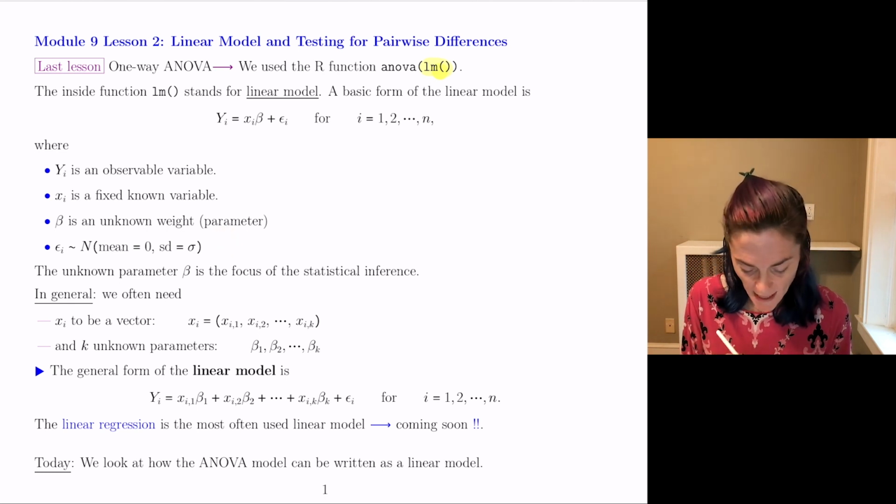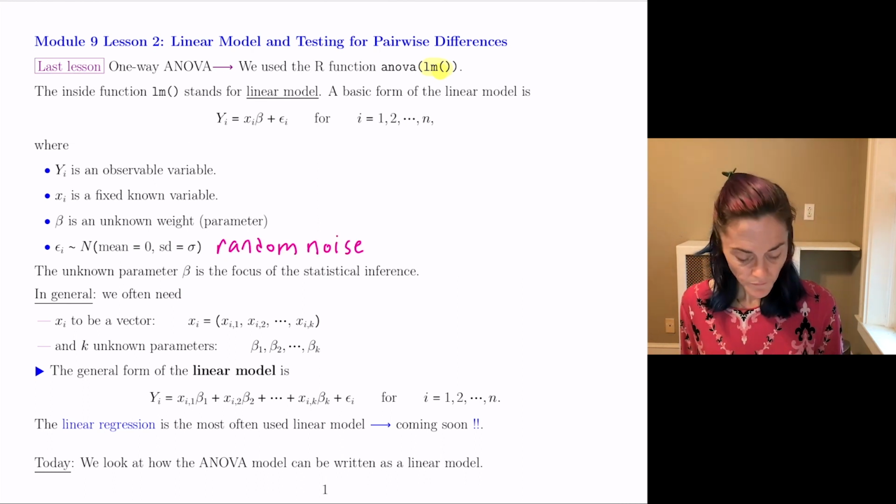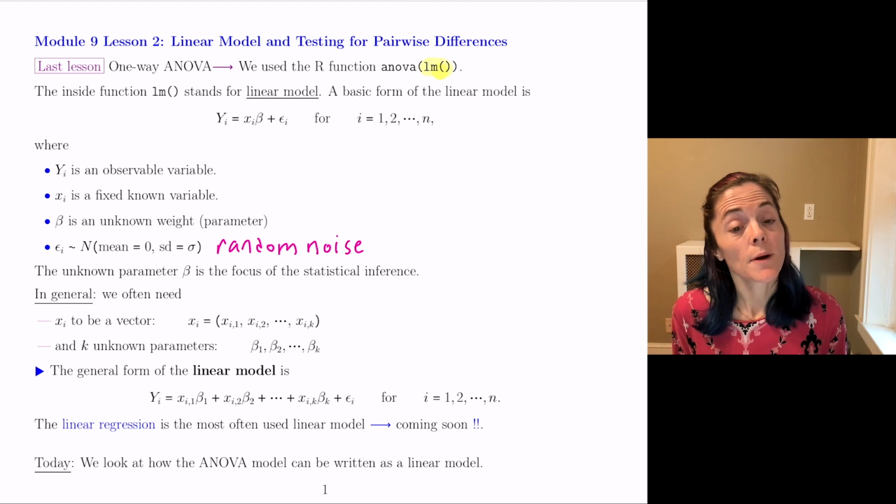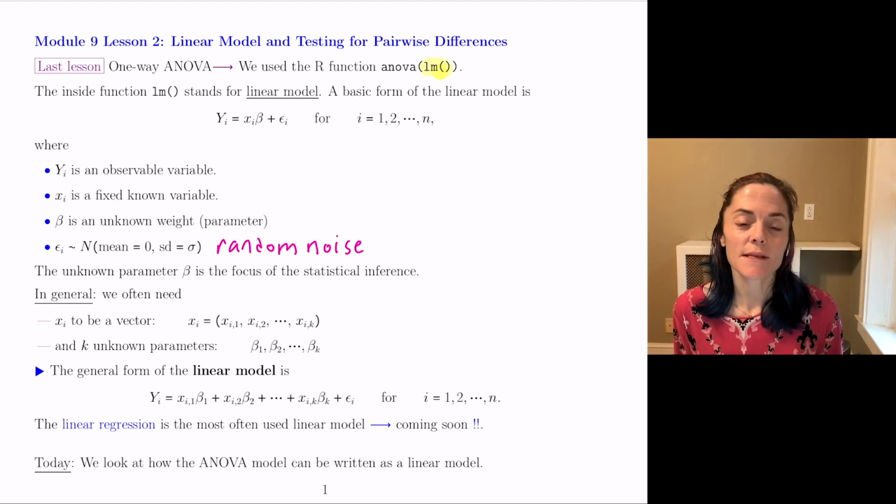We discussed this last time. This is typically thought of as random noise. This unknown parameter, beta, is the focus of statistical inference.